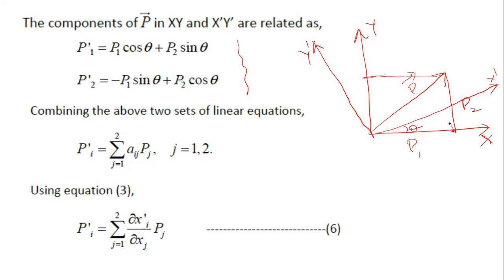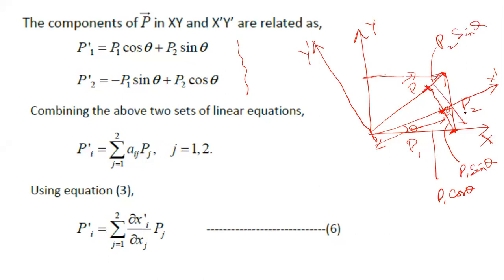If you draw a perpendicular like this, this length will be your P1 cos theta, and this height will be P1 sine theta. Likewise, between these two will be your P2 sine theta, because this is your theta here, and this length will be your P2 cos theta.